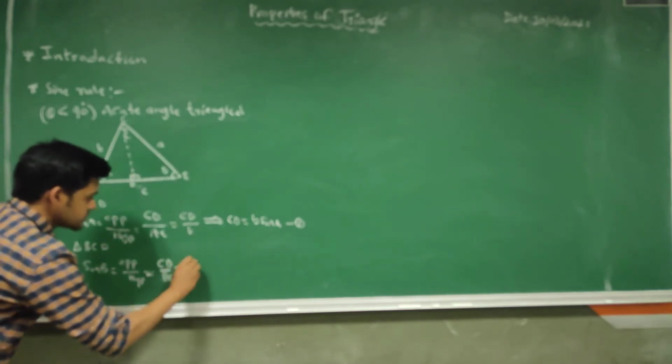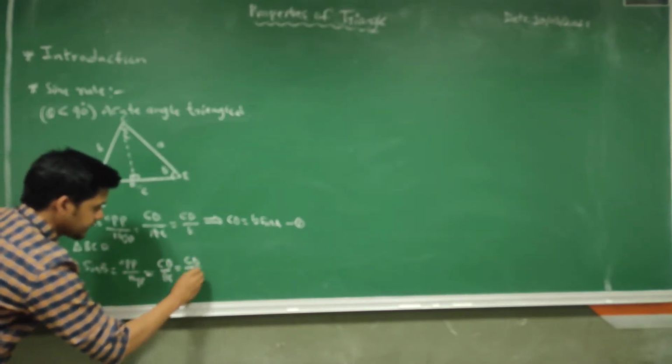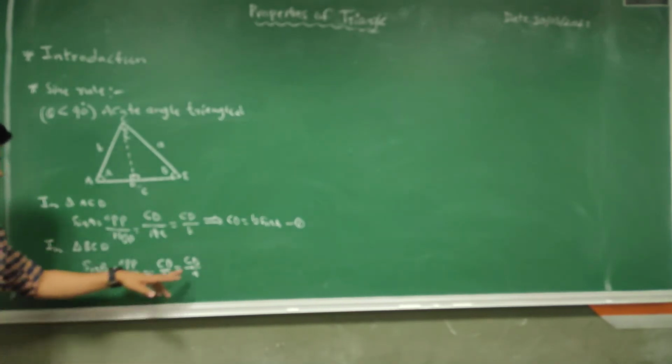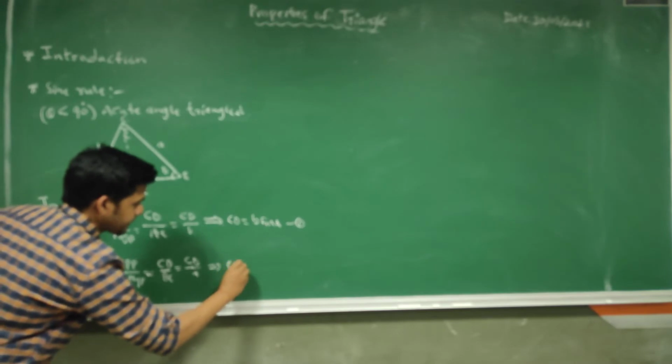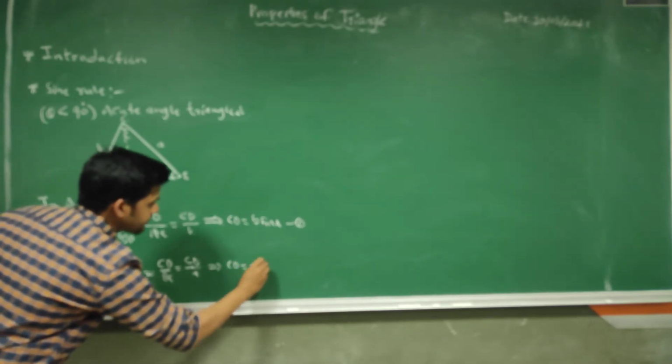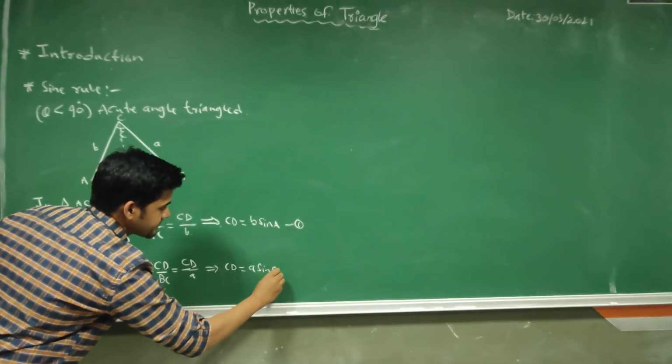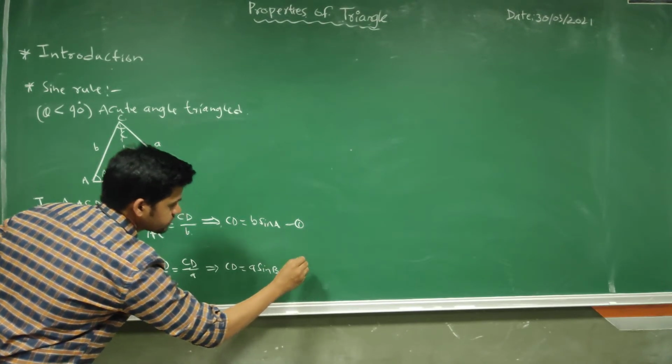Okay, so CD by a. Okay, so can I conclude that CD is equal to a sin B? That is equation number 2.